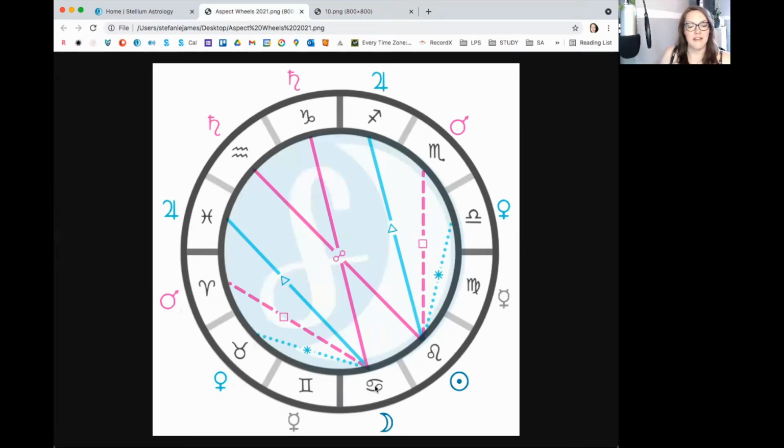So here we have the Moon in Cancer in its rulership, and the Sun in Leo in its rulership. We have Mercury in Virgo and in Gemini in rulership. And we have Venus in Libra and Taurus, equally rulership. We have Mars in Aries and also in Scorpio, Mars traditionally being the ruler of Scorpio.